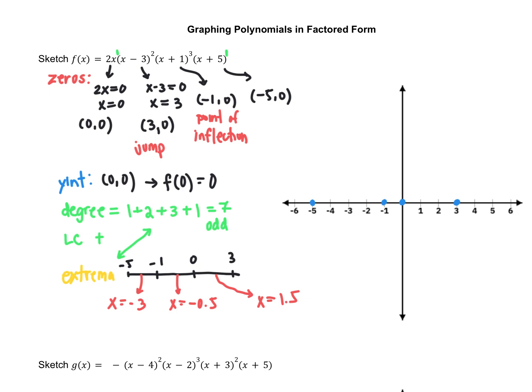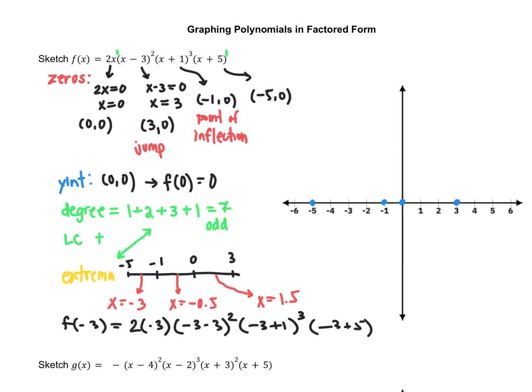So now I'm just going to go into my function and evaluate f at -3 for my first one. So the long way here: 2x, but instead of x I'm putting -3, x minus 3, so (-3 minus 3) squared, x plus 1, so (-3 plus 1) cubed, and x plus 5, so -3 plus 5.